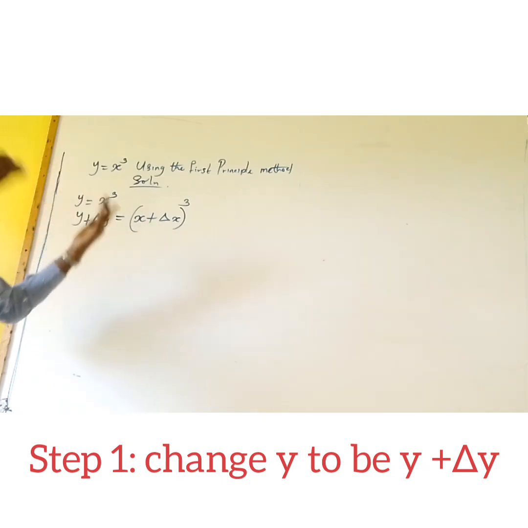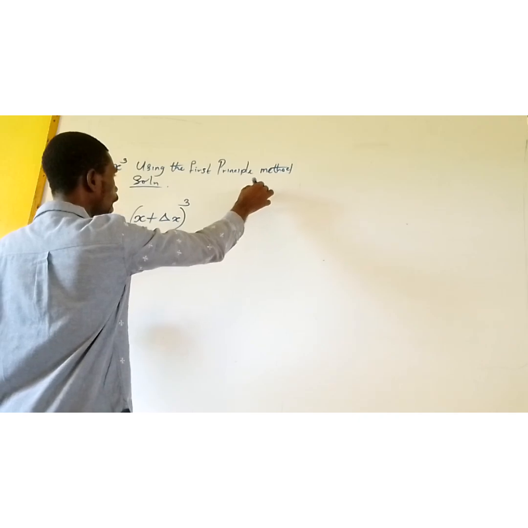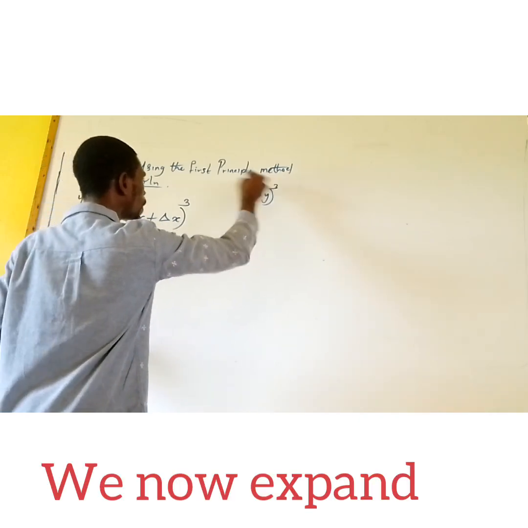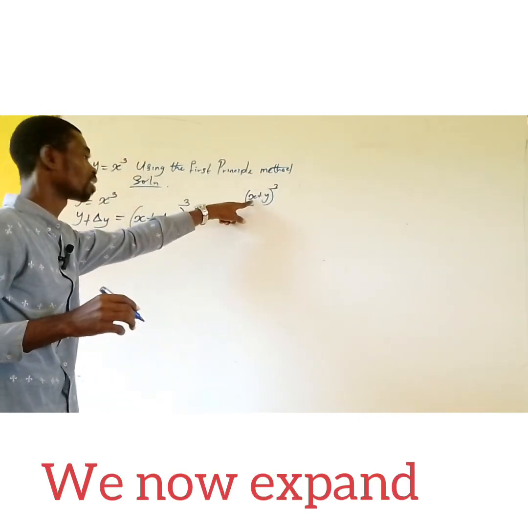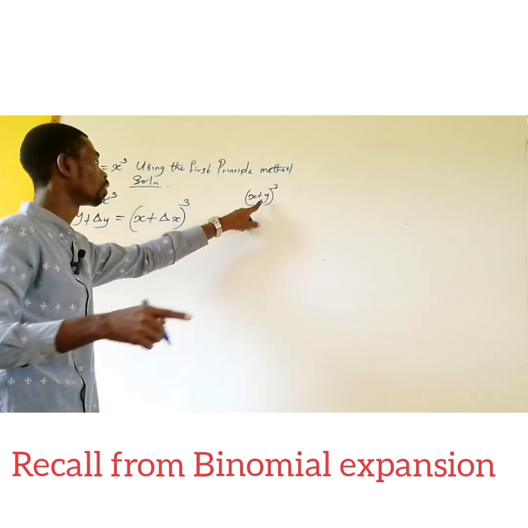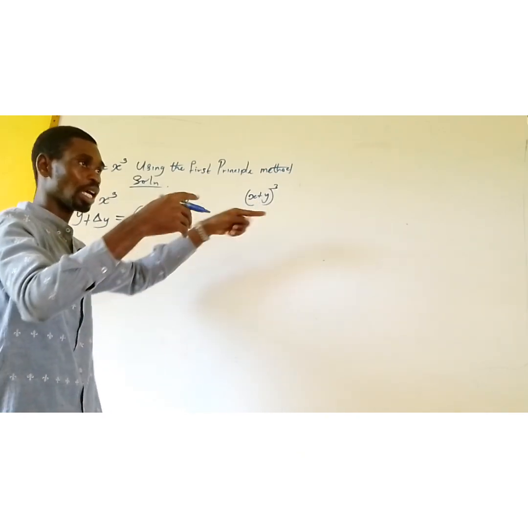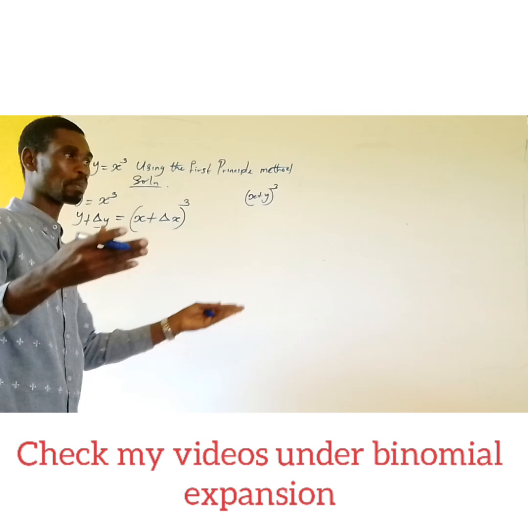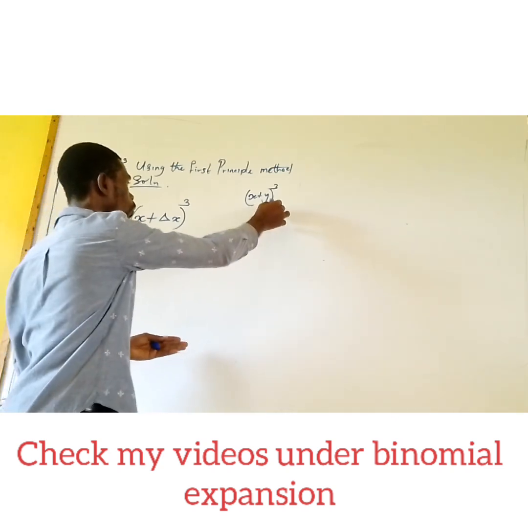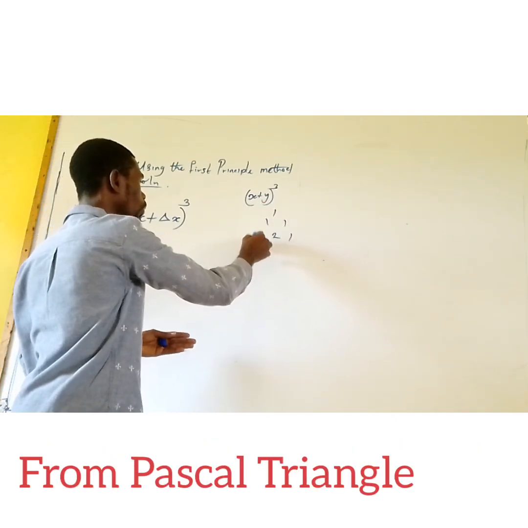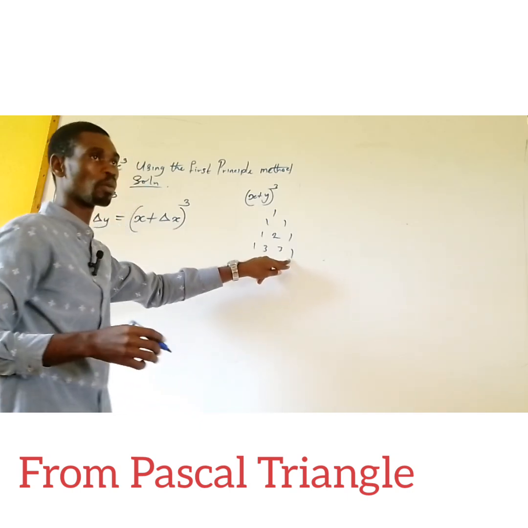From our binomial expansion, let's assume we are given x plus y raised to power 3. We know that x is decreasing down the value while y is increasing. And their coefficient, according to the Pascal triangle, we have 1, 1, 1, 1, 2, 1, 1, 3, 3, 1. So this is a power of 3.